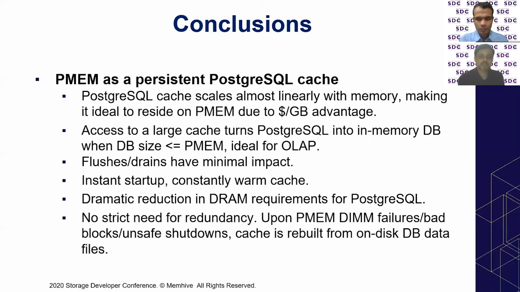The persistent cache also has the advantage that no redundancy is required. If there is a failure or a corruption or something like that, you can just rebuild the persistent cache from scratch. Hence, there is no extra cost or need for building redundancy for the persistent cache itself.